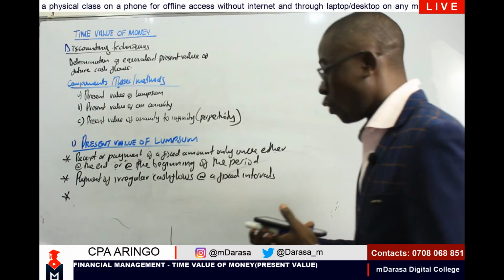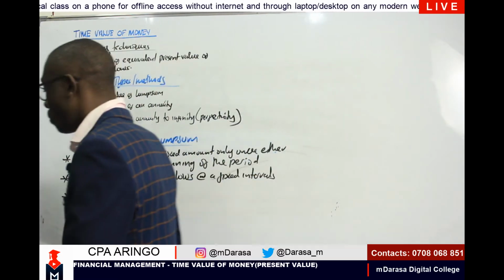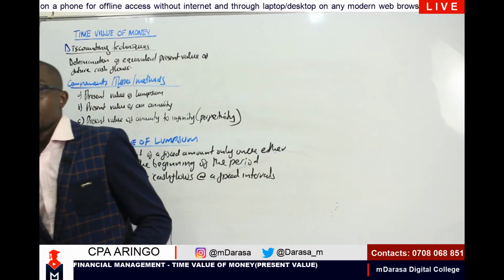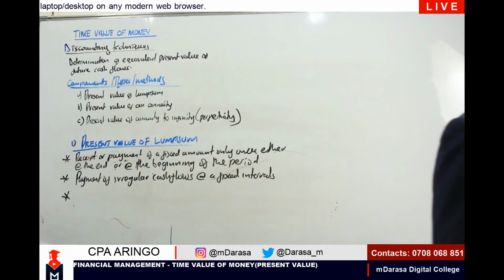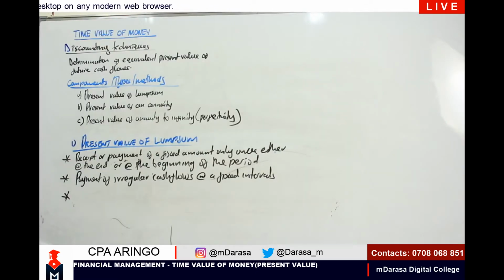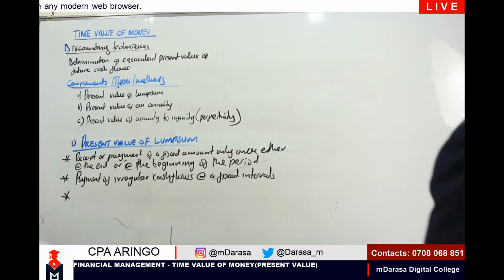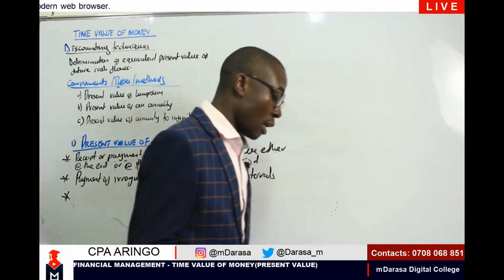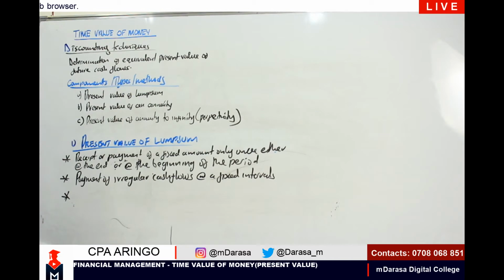Recall the formula that you are looking at under compounding for lump sum. The same formula we are going to consider here. At this time we look at it today, not in the future. Meaning that at this point I'll be looking at the compounding formula in present value terms.